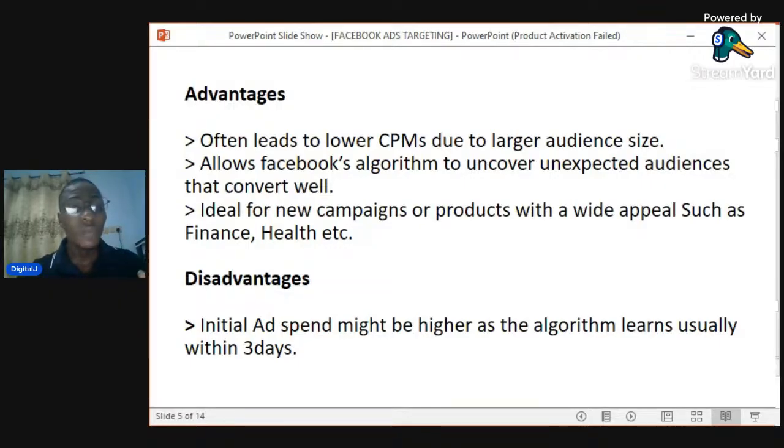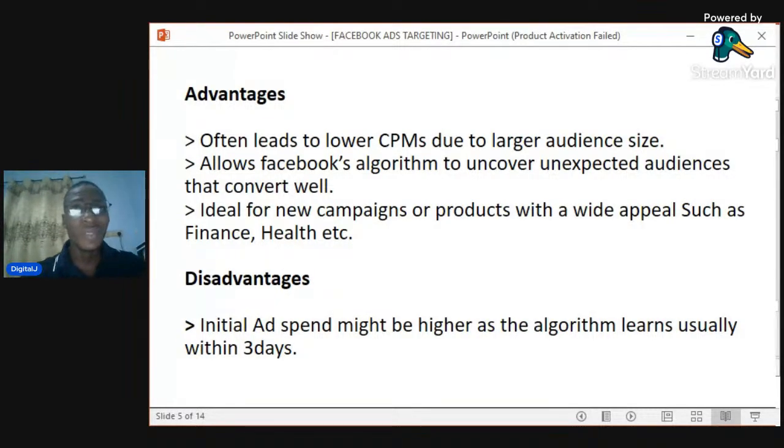Because almost everybody on this planet Earth wants to make money. Everybody on this planet Earth wants to live long, and everybody wants to look good. So when you are promoting products that fall within that range, within finance, within health, just use broad targeting, and it works. 80% of the time it works.